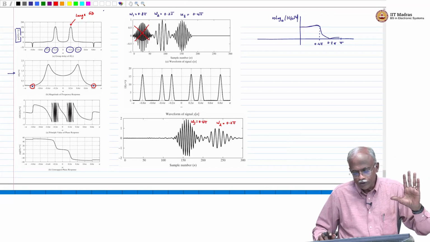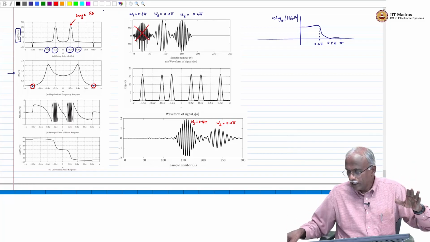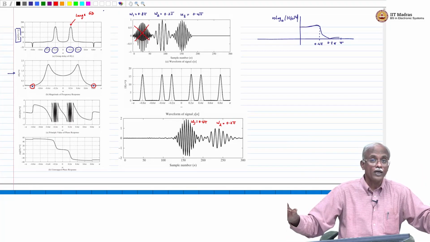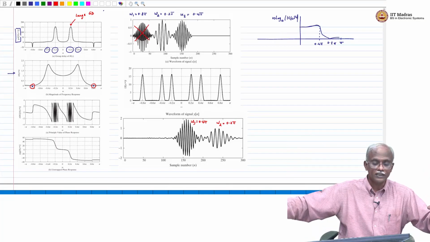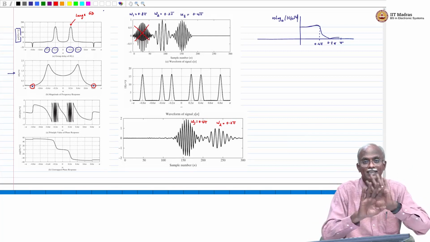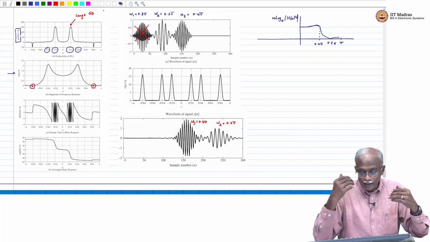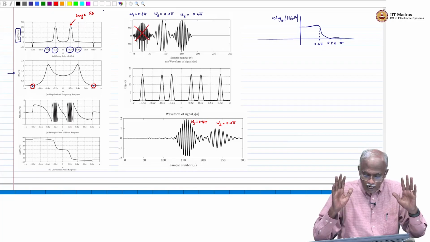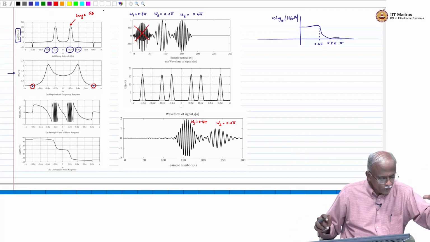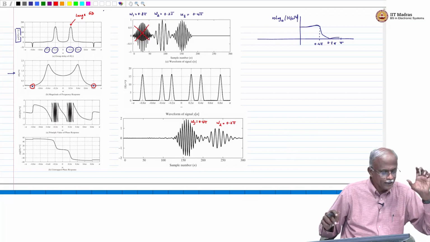So what I want you to visualize is that in the whole LTI system, zeros will also play a role. These zeros will eliminate some signals. The group delay can also cause changes in the behavior of the LTI system, and therefore we must have a good understanding of the magnitude, the phase, and the group delay.